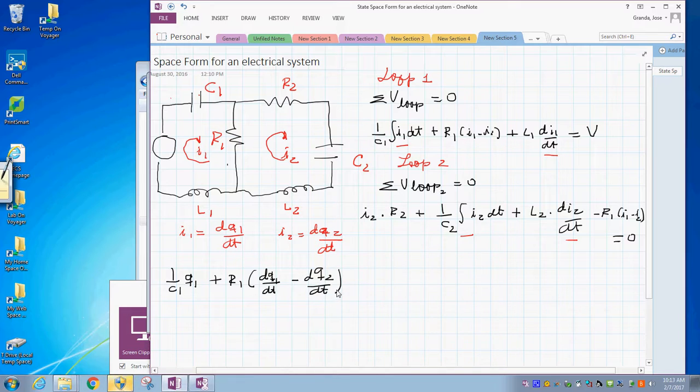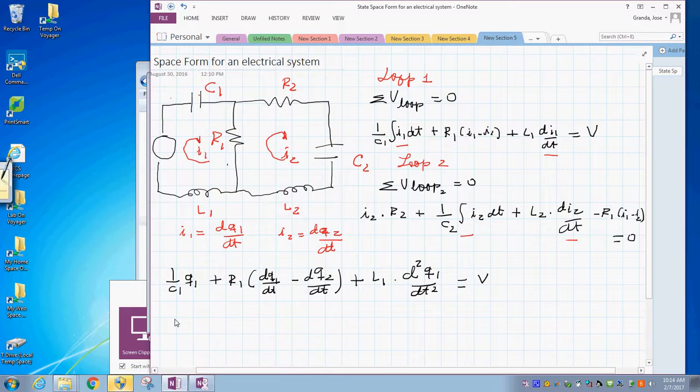And then plus L1 times d squared q sub 1 dt squared. This is equal to V, like this. Okay?